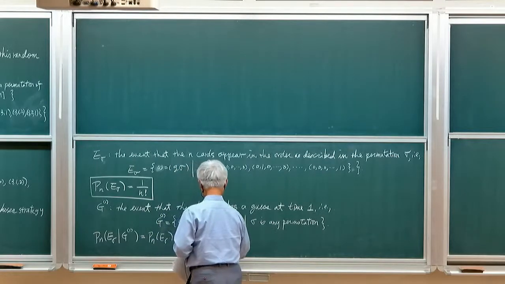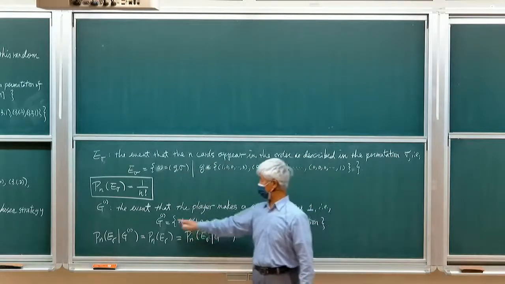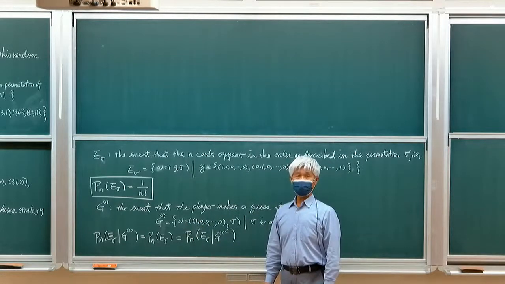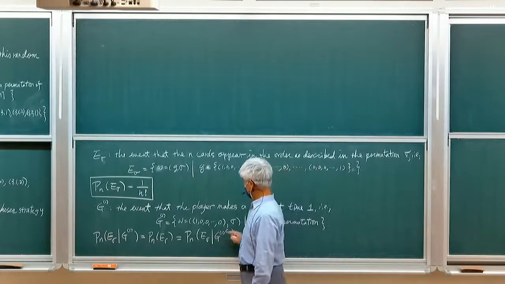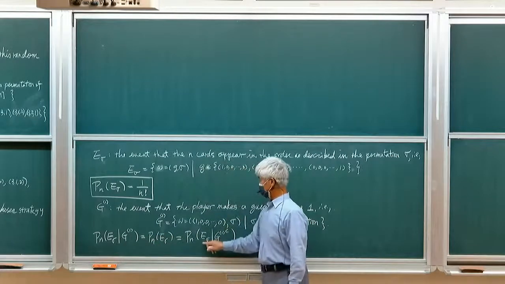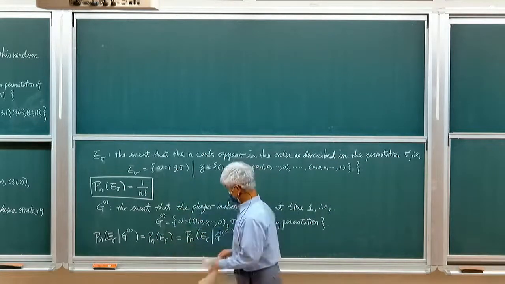So this is the same as the complement. The complement of G1 is that the player does not make any guess at the first time. So this information will not affect the probability of the event.